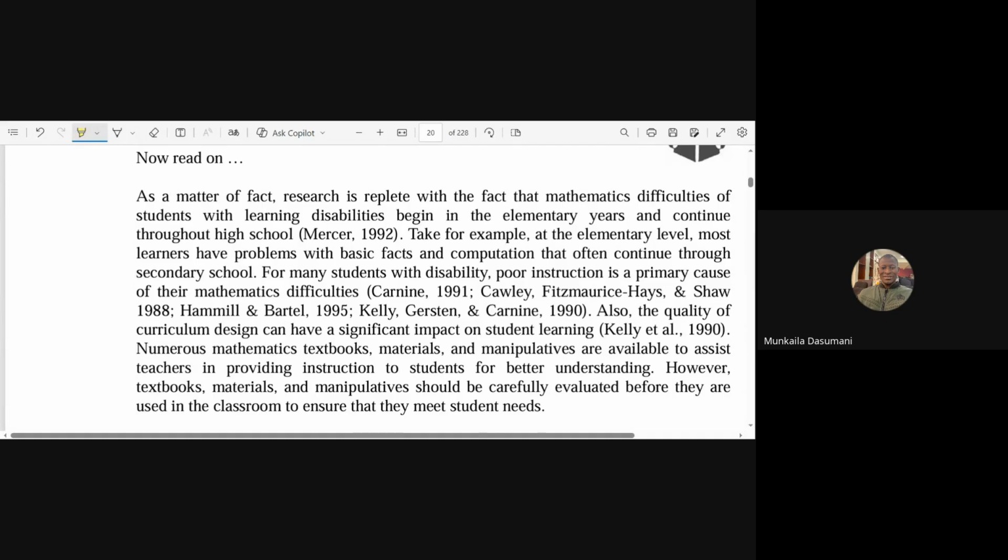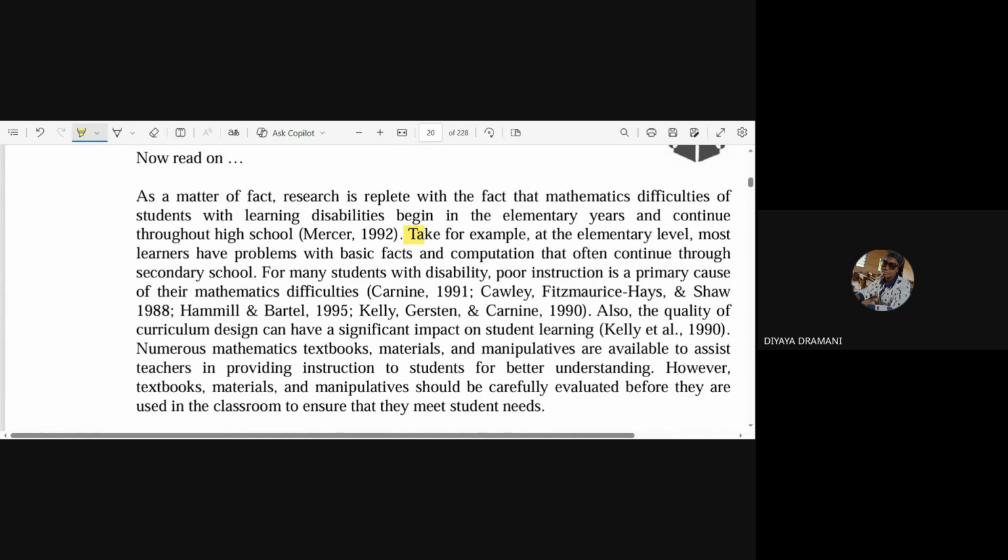Yes, go ahead. Take, for example, at the elementary level, most learners have problems with basic facts and computations that often continue through secondary school.